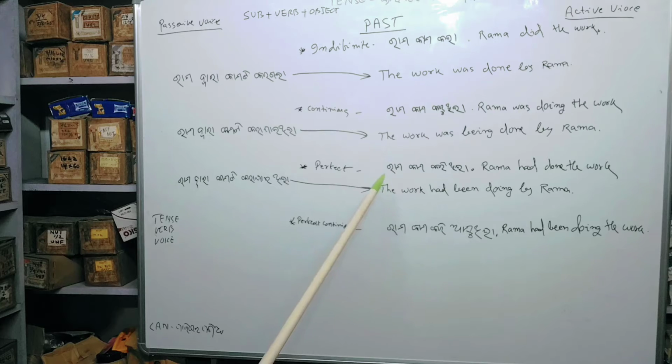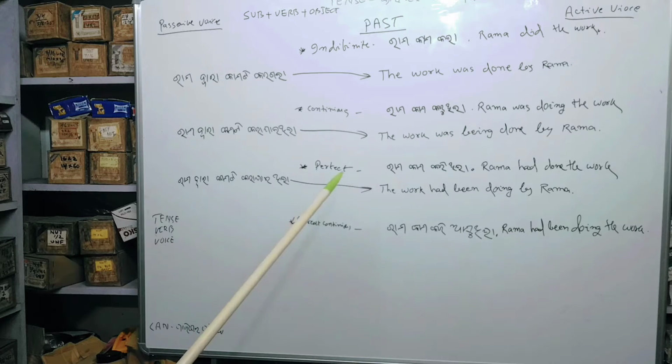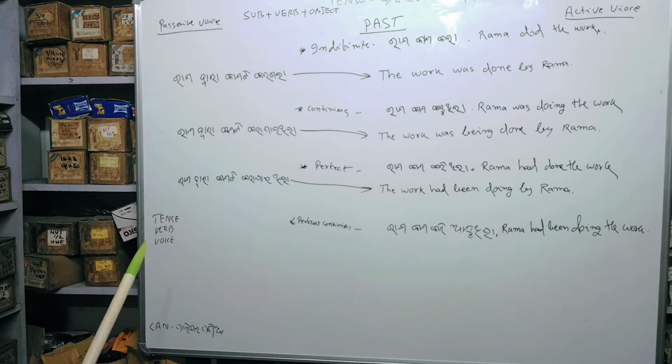At the time of speaking, it is our duty to apply such type of sentence in our speaking. And here we are discussing the past indefinite. At the time of speaking, we have to focus on what tense, and the verb, and the change of voice. These 3 categories we have to learn.